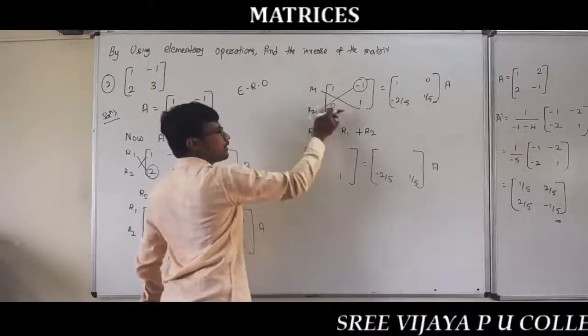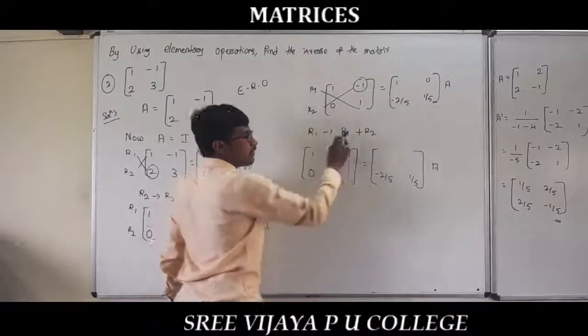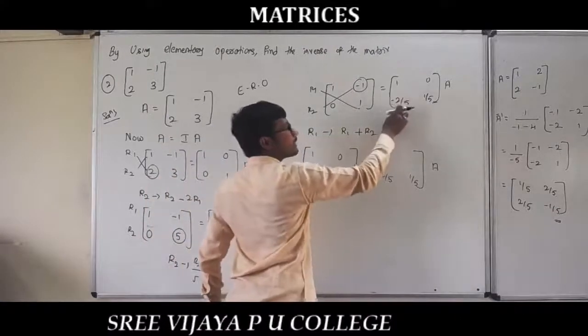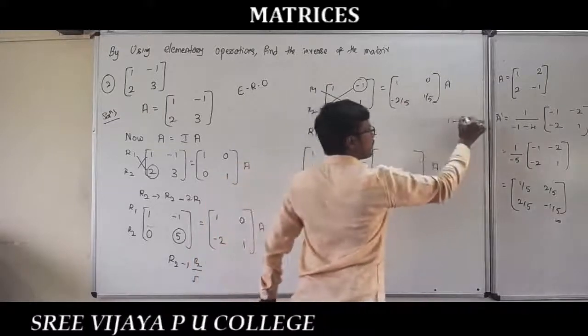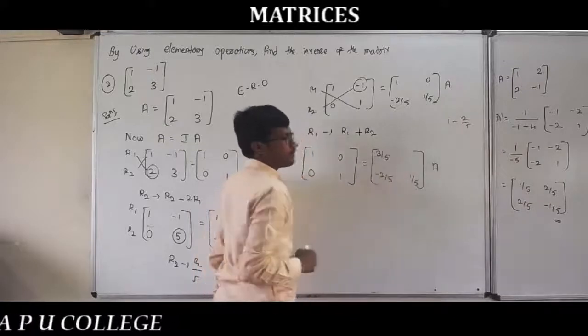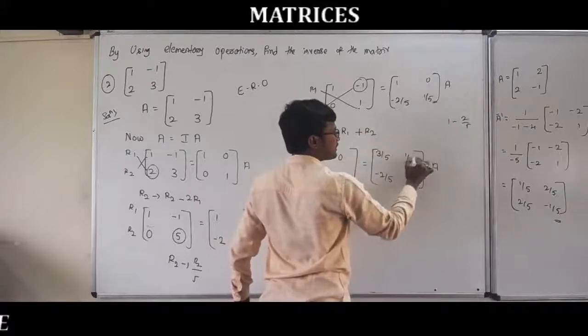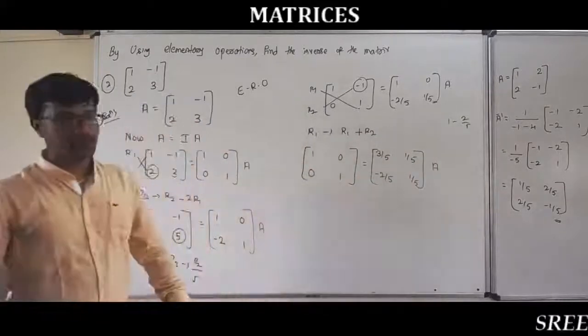R1 plus R2: 1 plus 0 is 1. Minus 1 plus 1 is 0. 1 plus minus 2 by 5: what is 1 minus 2 by 5? 5 into 1 is 5, 5 minus 2 is 3 by 5. Next, R1 is 0 plus R2 is 1 by 5, that is 1 by 5.